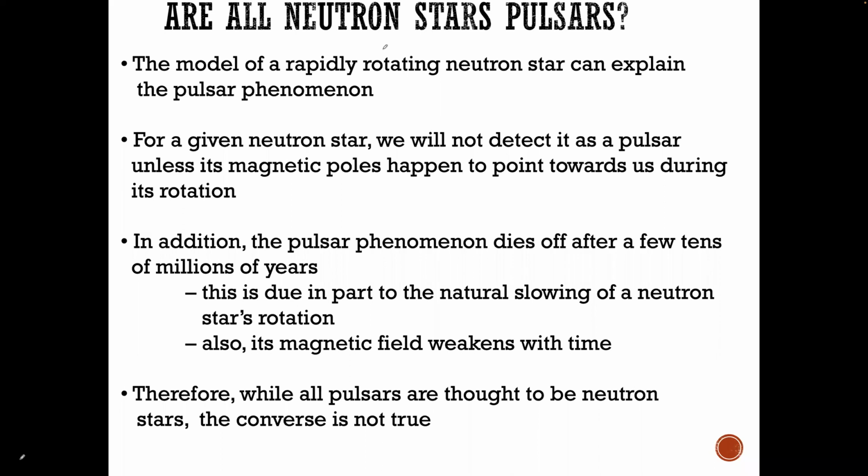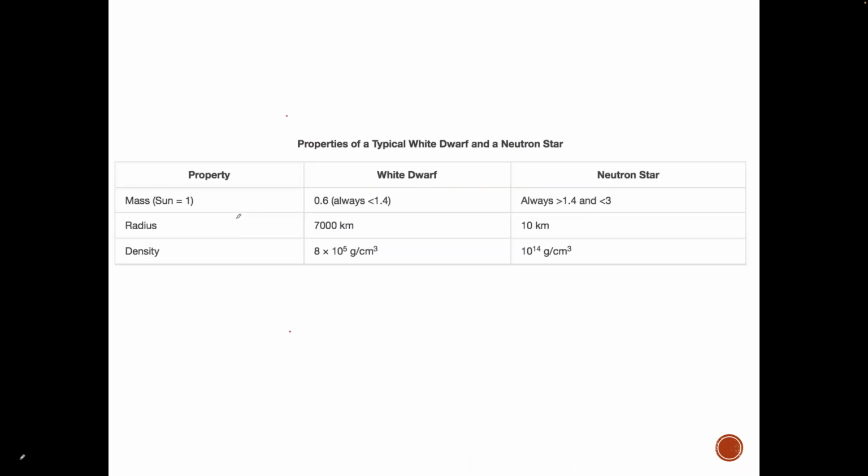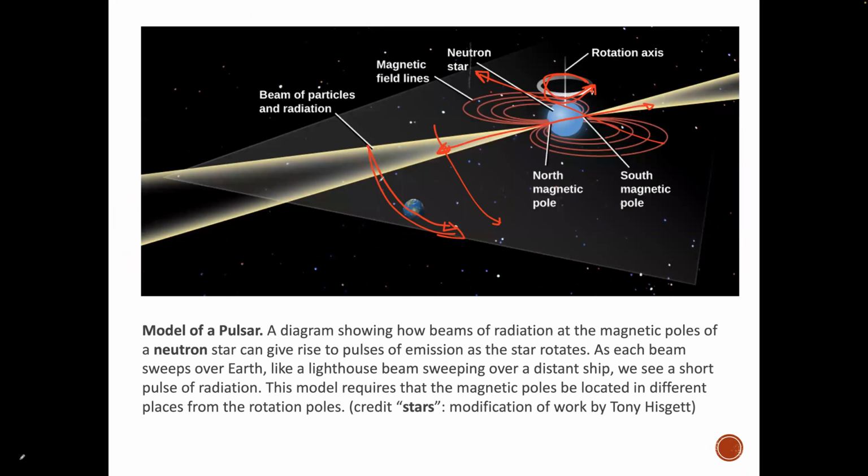The model of a rapidly rotating neutron star can explain the pulsar phenomena. As you could see, a rapidly rotating neutron star is a pulsar. For a given neutron star, we will not detect it as a pulsar unless its magnetic poles happen to point towards us during its rotation. That's what I am trying to explain here.